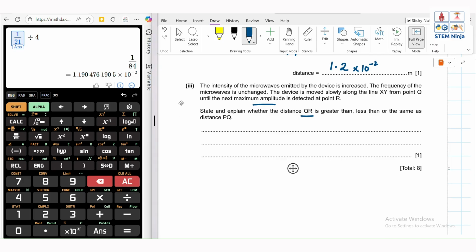So this distance does not depend on the intensity.